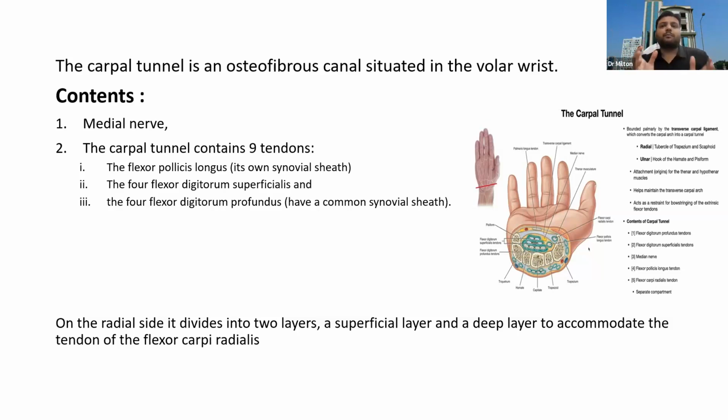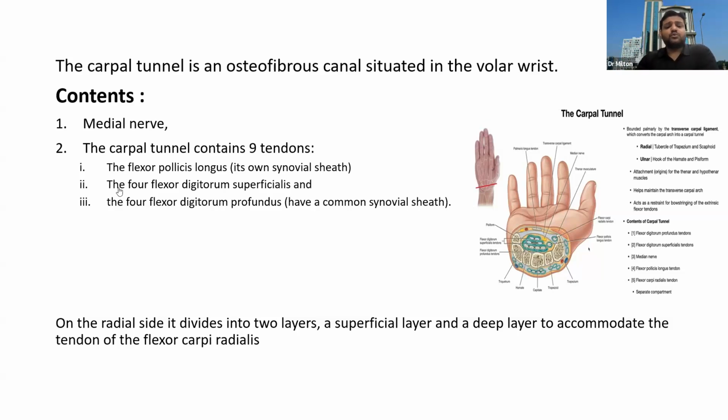In this compact area, if there is multiple-time friction, or if any of the tendons is enlarged in diameter or the flexor retinaculum is enlarged, it causes pressure over the median nerve.